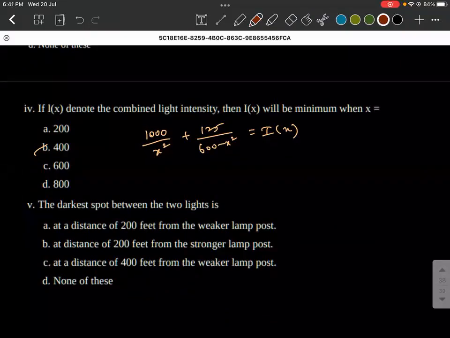The darkest spot between both the lights is at 400 with respect to the stronger light, because then it is 200 with respect to the weaker light.